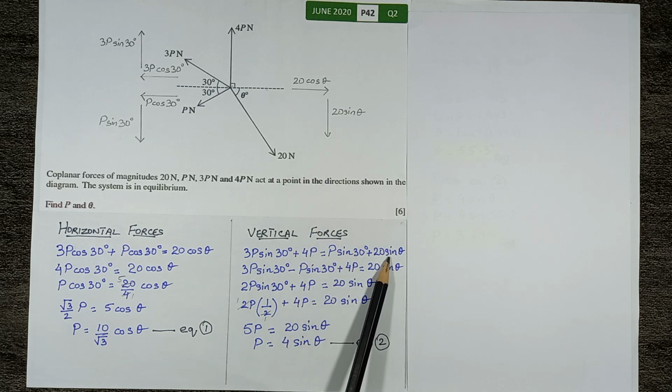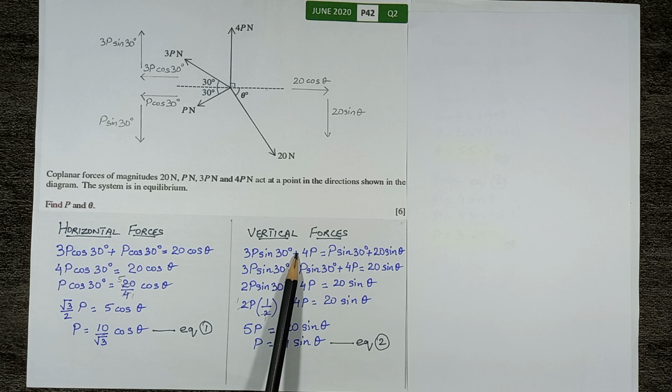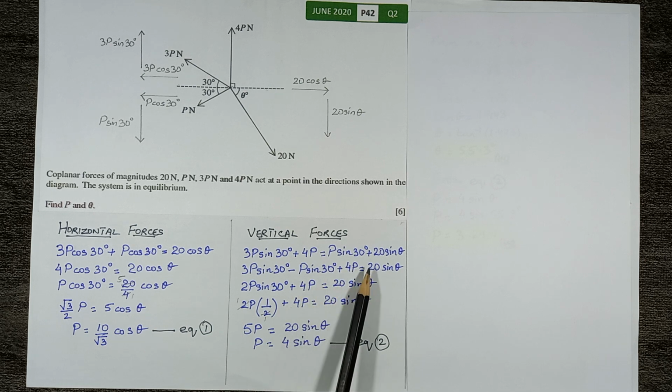By simplifying it, 3P sine 30 and then placing this P sine 30 on the other side, both are in P sine 30 degrees. So 3P minus P is 2P sine 30 degrees plus 4P over here is equal to 20 sine theta.